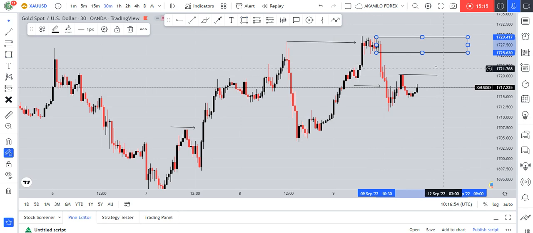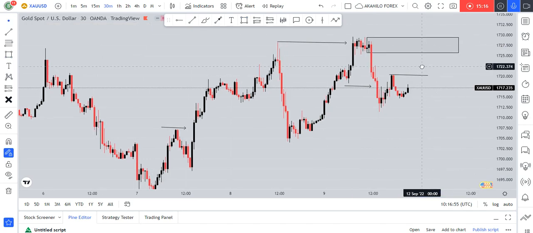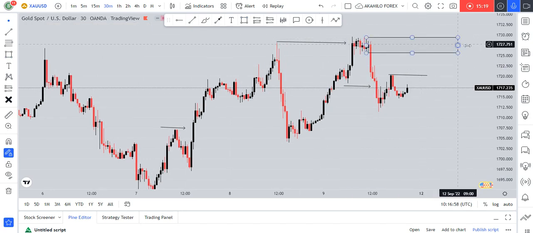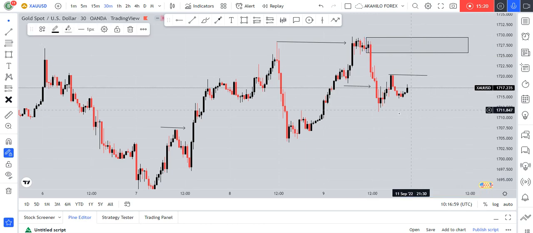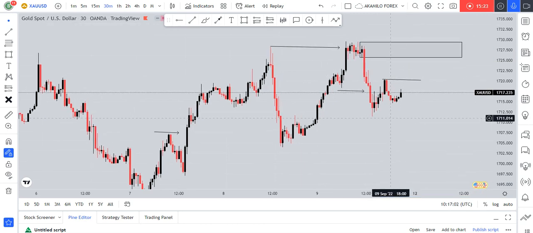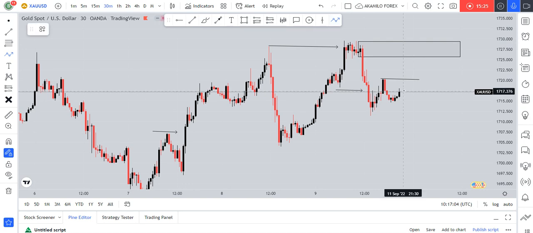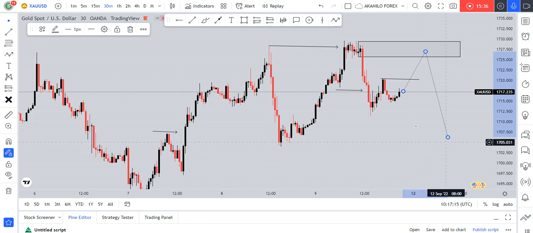So there's the 30 minutes. In the 30 minutes, this is how we'll be expecting price to react in gold. We're expecting price to move upward, tap in, and then move bearish. So we'll be taking a trade from this zone to the downside to clear this down liquidity.